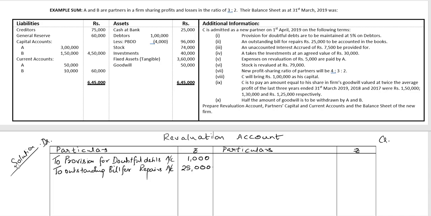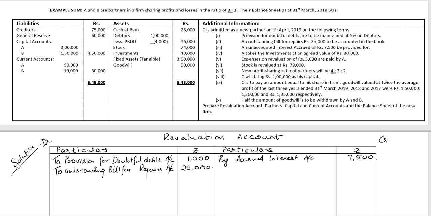Third point, an unaccounted interest accrued of rupees 7,500 be provided for. Interest accrued is an asset, bringing an asset into existence. So by accrued interest account, 7,500 rupees.